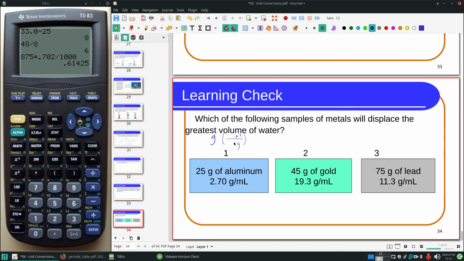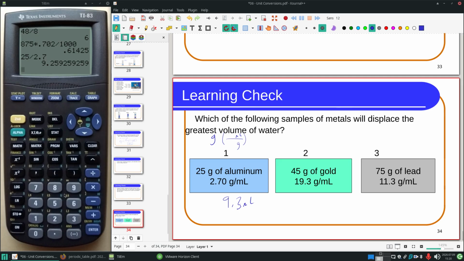So without putting the numbers on any of these, the 25 goes there. And then this would turn into 2.7 over, and the 1 is on the top. So I'm dividing that by 2.7. So that's going to occupy about 9.3 milliliters.